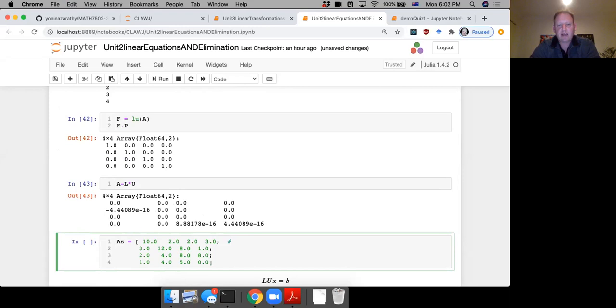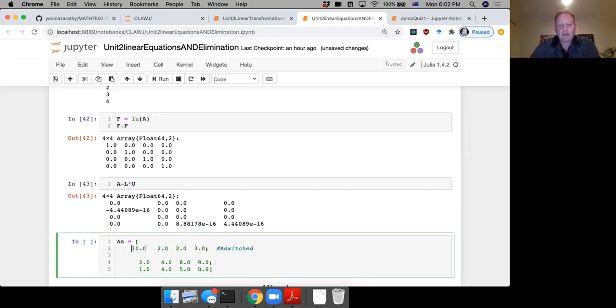I can do this manually, or of course I could have done it in a much smarter way. But what I've done is switch the second and first row.